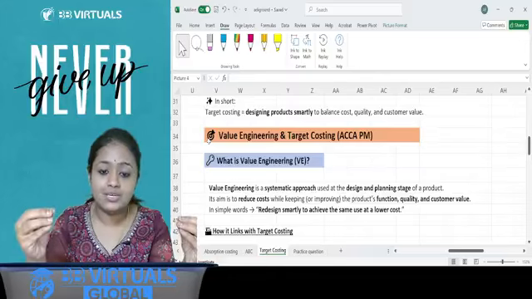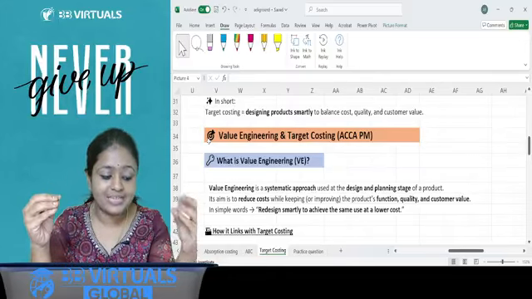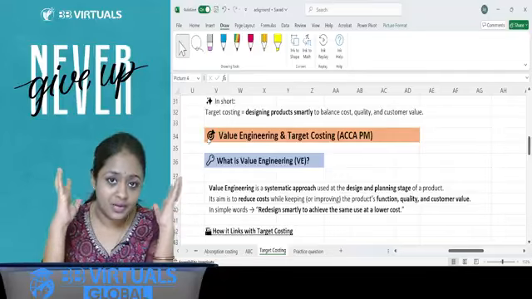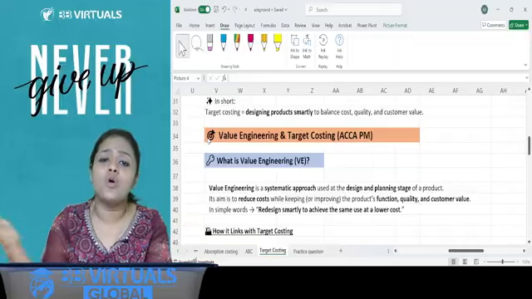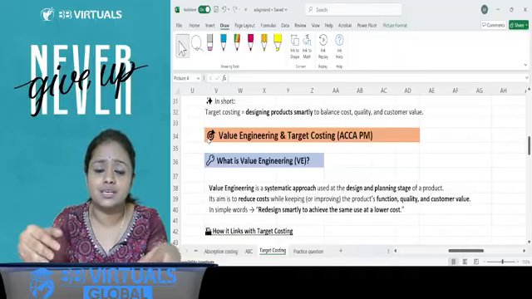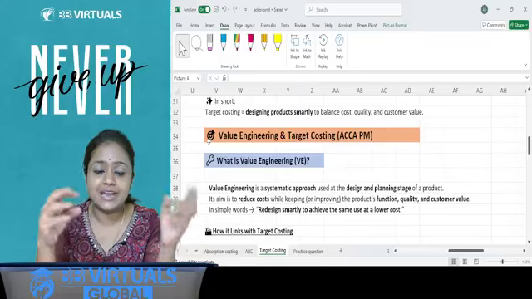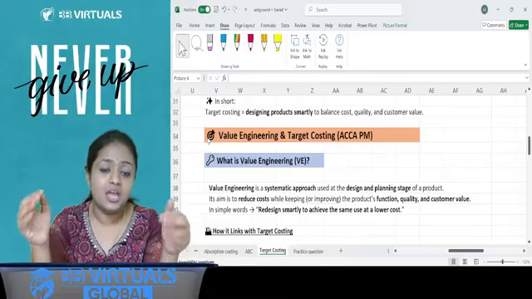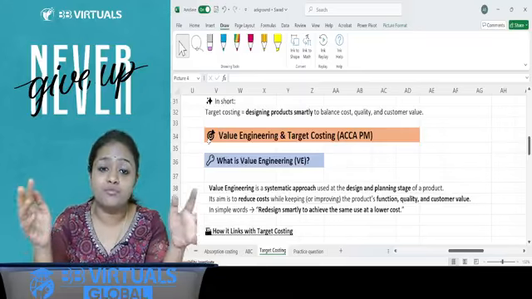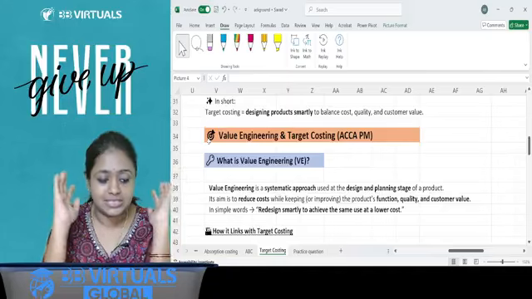And how would you do it? You would do it at the design phase, at the planning stage only. And like I said, how can you do it? By redesigning a few items, removing the unnecessary cost, removing some items like maybe too much inspection is there, so you reduce that time over there. Too much time of the expert is there, which may be proving to be at a higher cost. We would reduce it there.